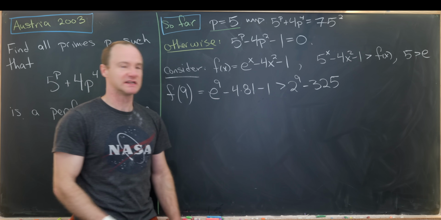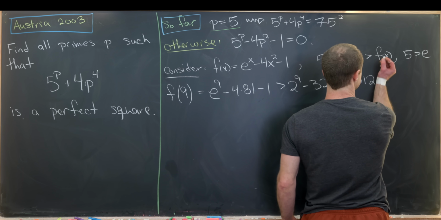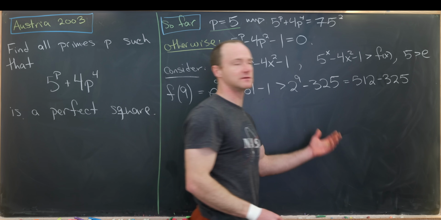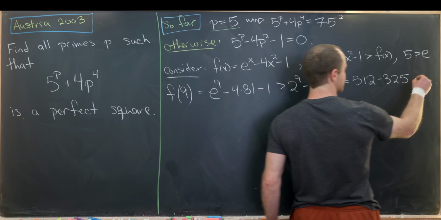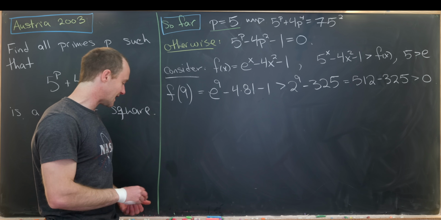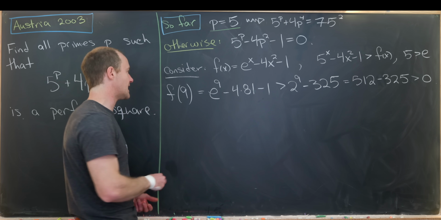But 2 to the 9 is 512, so this is 512 minus 325. And so it doesn't really matter what that is exactly, but 512 is clearly bigger than 325, so this is bigger than 0. Okay, so we have f of 9 is bigger than 0.